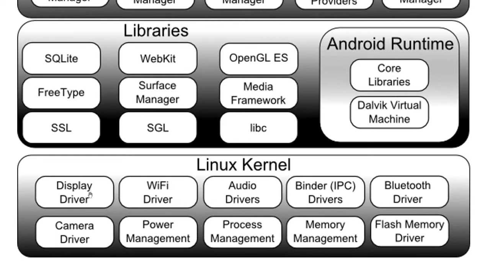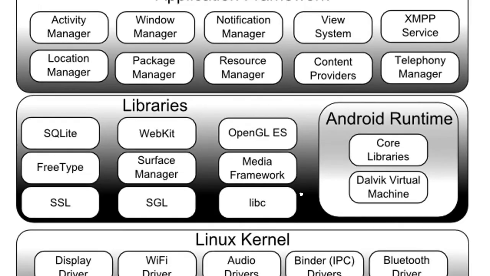There is a driver for the display, for Wi-Fi, for audio, for inter-process communications, for Bluetooth, camera. There's something that manages power, something that manages processes, manages memory and flash memory, and memory like RAM as opposed to storage like flash drives. So that's the core part. The Linux kernel is made up of all of these drivers or management processes.